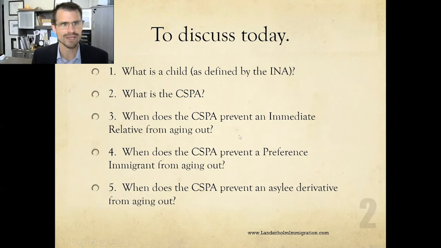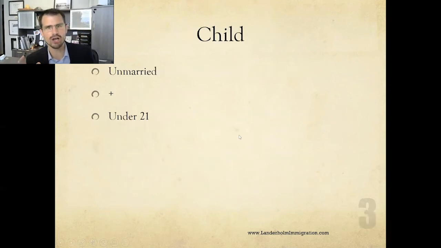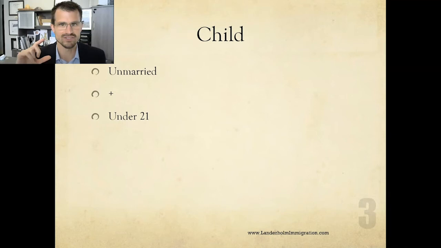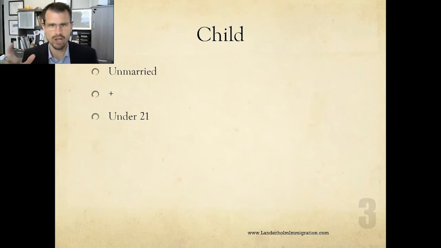All right. So immigration law in the U.S. defines a child, quote unquote, as a person who is both unmarried and under the age of 21. And if you're the parent, then they are your child, then your relationship as their parent is defined by your being the record parent, the legal, lawful parent of this person.